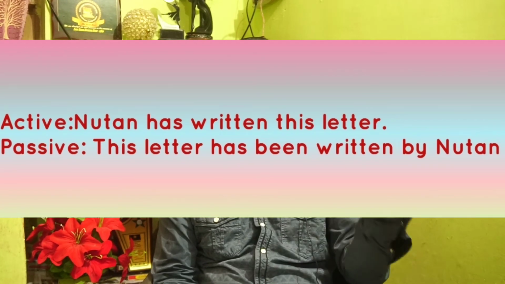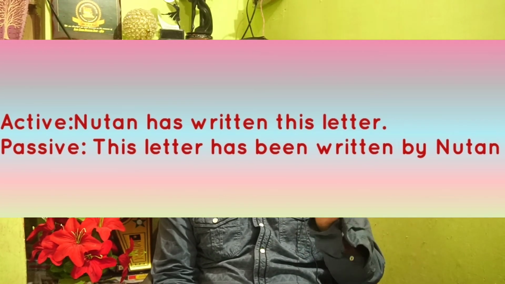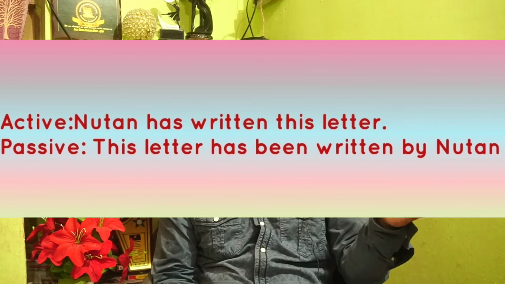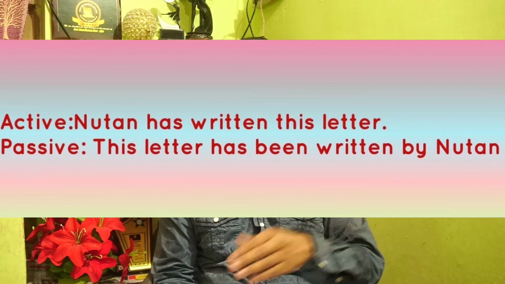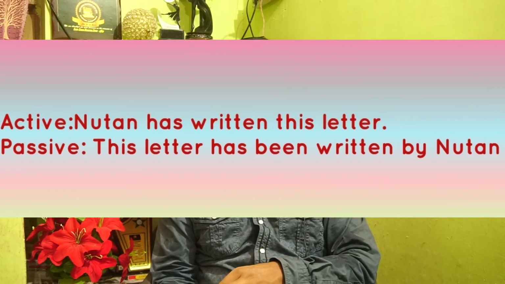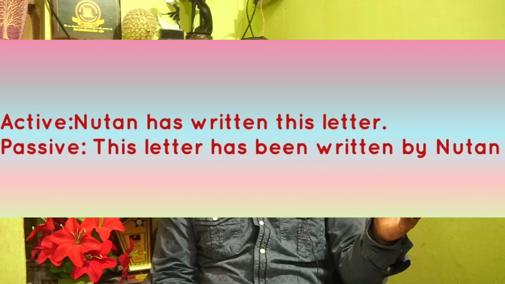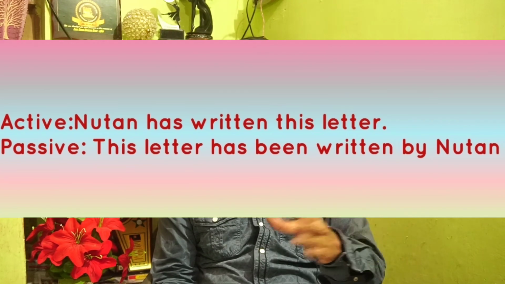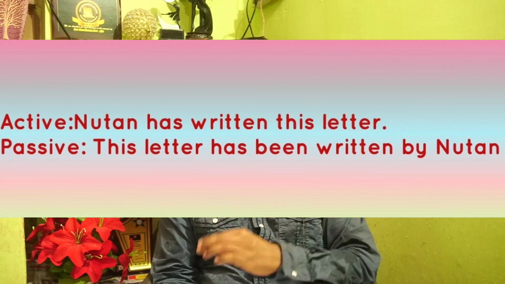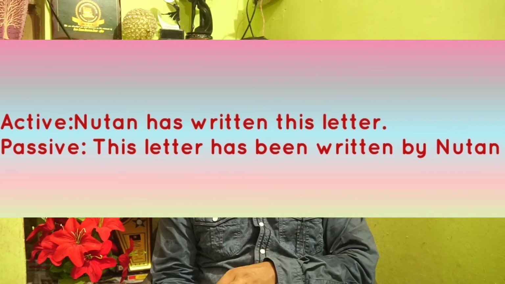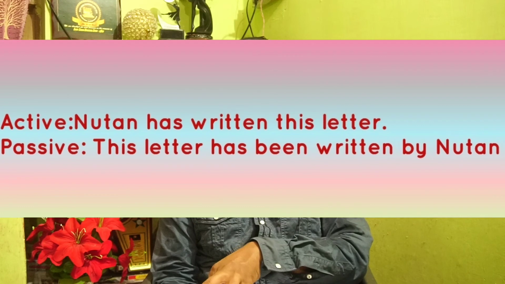In place of has, we'll write has been, because when you're converting to passive form, in place of has, have, you add has been, have been, had been, and so on. And written is already in the past participle form, so there's no need to convert it. We'll add the preposition by and the subject Nutan at the last place. So the answer is: this letter has been written by Nutan. So this is the example of present perfect tense.